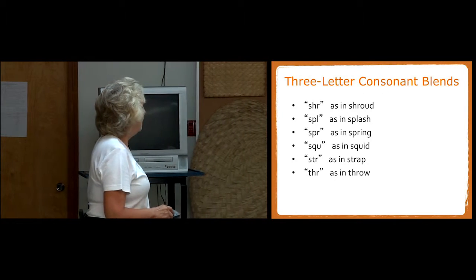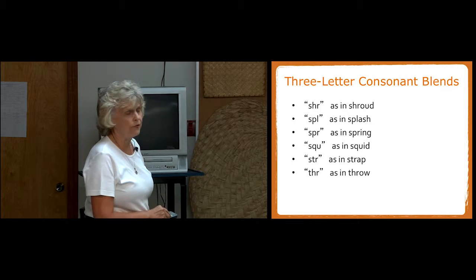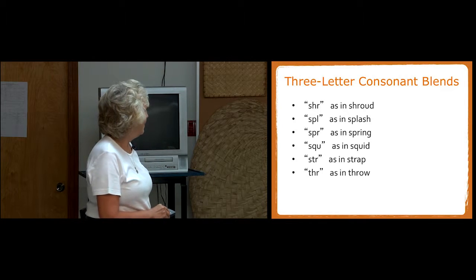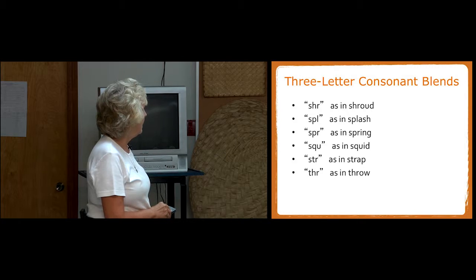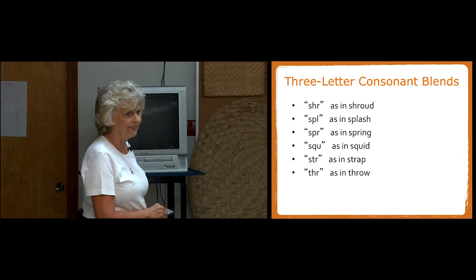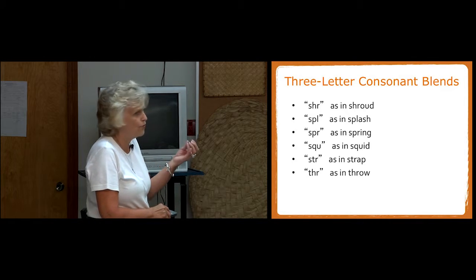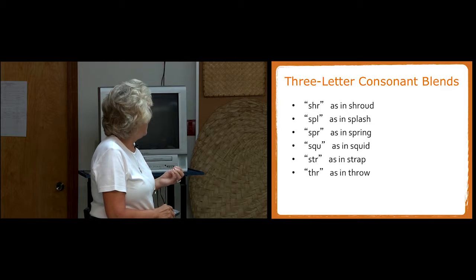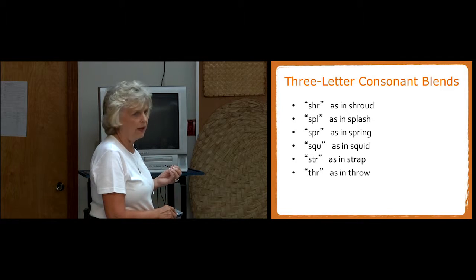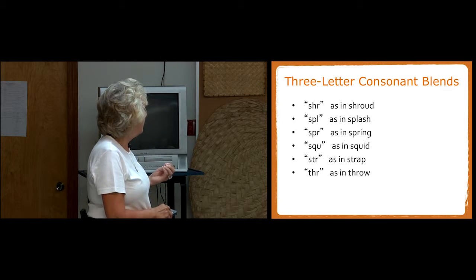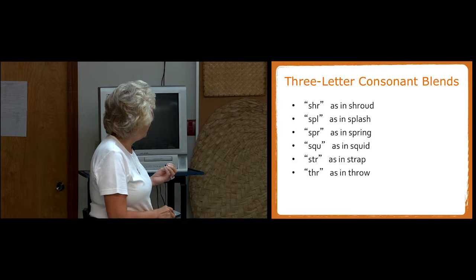Okay? All right. Then we have three-letter consonant blends. You can have SHR and it makes it all blends together to say shroud, shroud, shroud. So it says shroud. Okay? SPL says splash. SPR, spring.